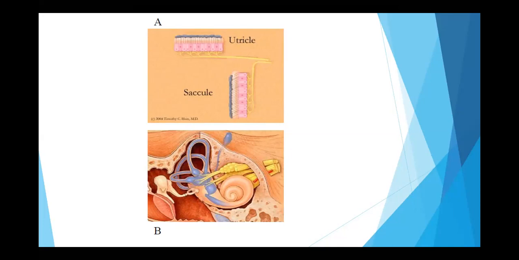The otolith organs, the utricle and saccule, do not exactly register what happens at a particular moment. Rather, they check for the change in the velocity, which is acceleration.